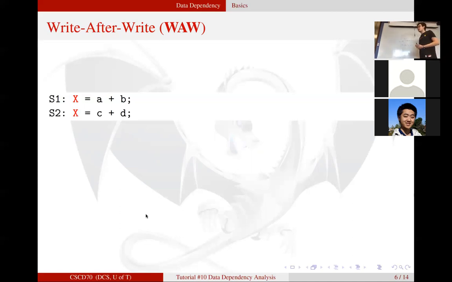So what happens in the case of write after write? Once again, we have this simple program that says X is equal to A plus B and X is equal to C plus D. What will happen if we execute S2 before S1?